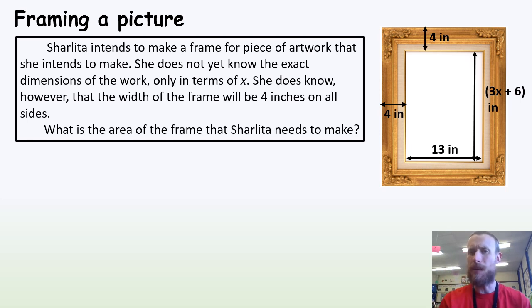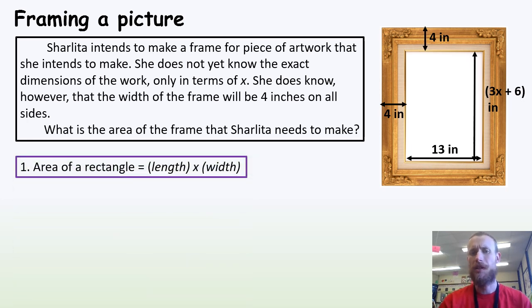So let's look at the steps that we might think about to find out how much area her frame would be. First of all, basic idea, right? The area of any rectangle is the length times the width. We clearly have rectangles in this problem.